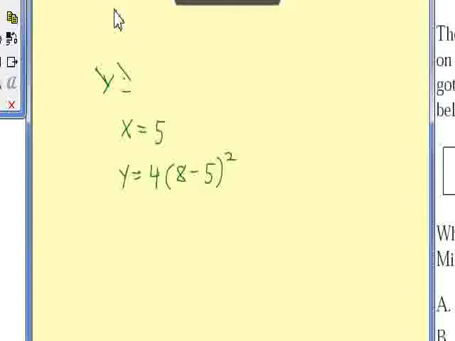Right underneath this, 8 minus 5 is 3, so it's going to be 4 times 3 squared. 3 squared is 9, so it's 4 times 9, which is 36. Y equals 36.